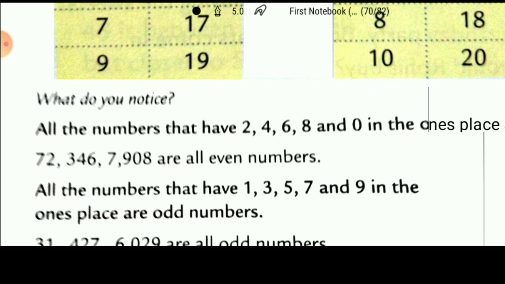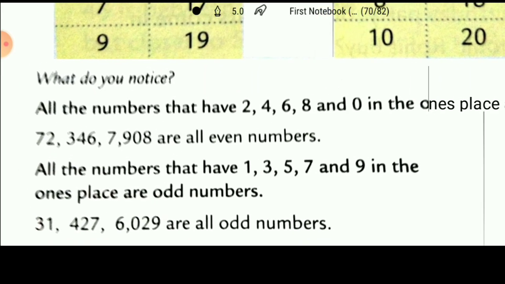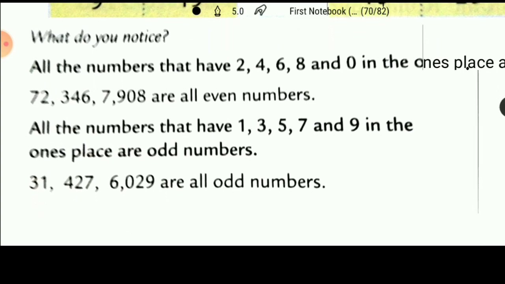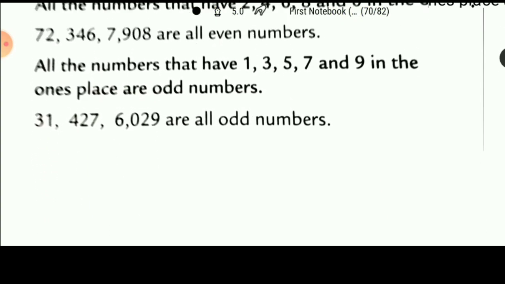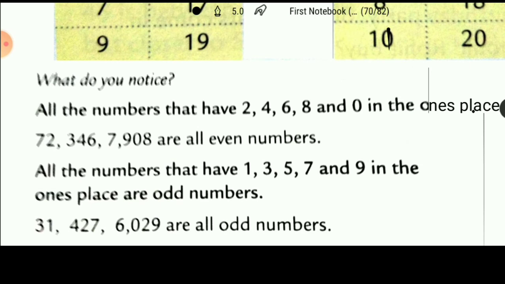And all the numbers that have 1, 3, 5, 7 and 9 in the ones place are odd numbers. Examples: 31, 427, 6029 are odd numbers.